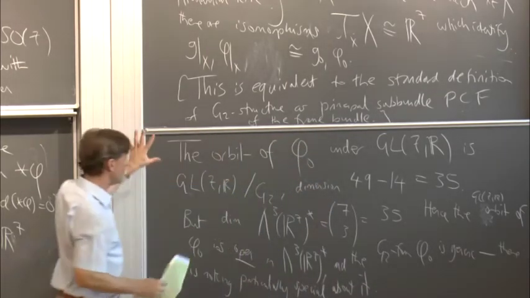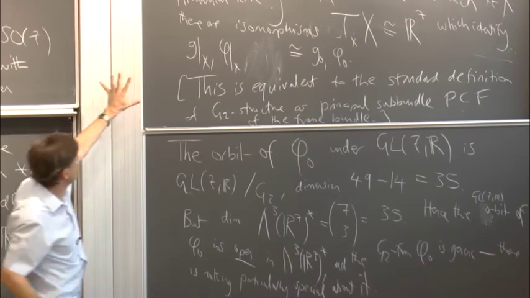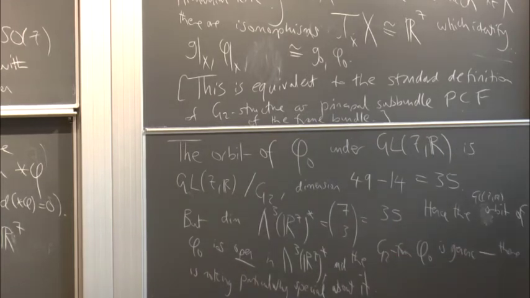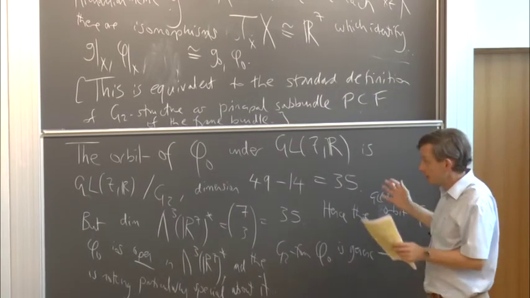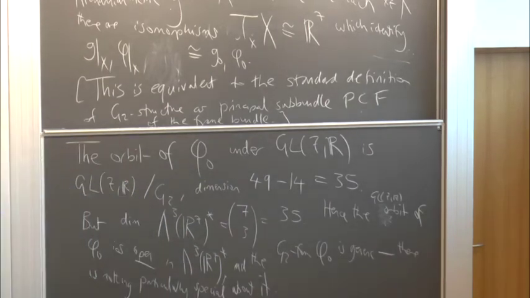So in fact, if you look at the orbits of GL7R on all of the 3-forms, there are two open orbits. One of them is the orbit of phi 0. A second one has stabilizer group a non-compact form of G2, sometimes called G2 star.